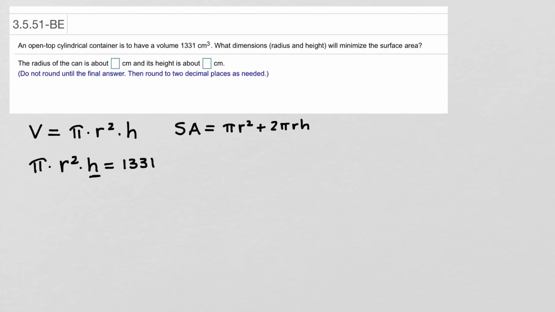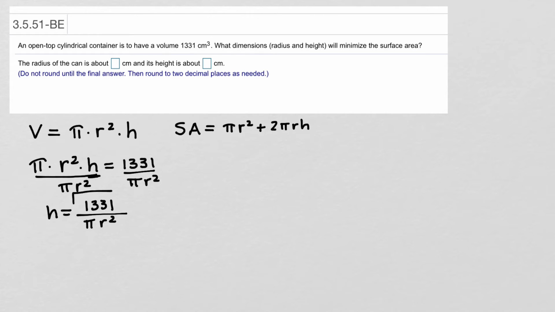I could solve for either r or h, and mathematically it doesn't matter, but it's easier to divide both sides by pi r squared. And then we have h equals 1,331 divided by pi r squared.